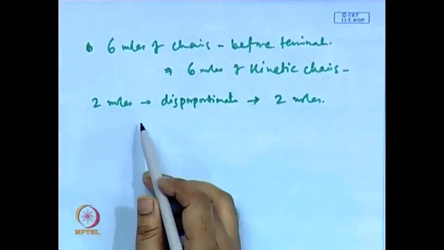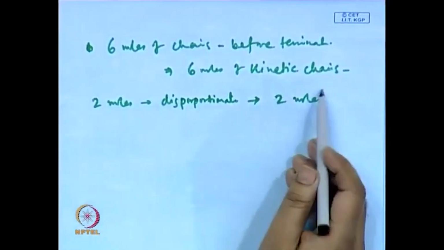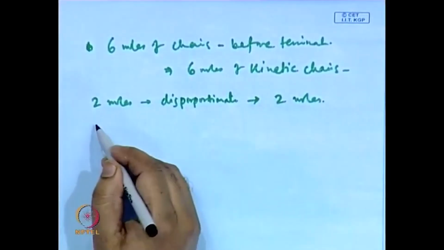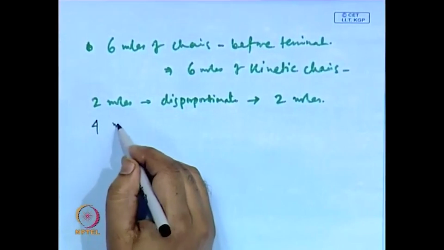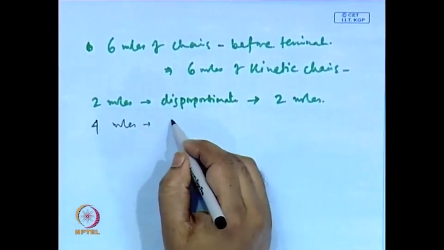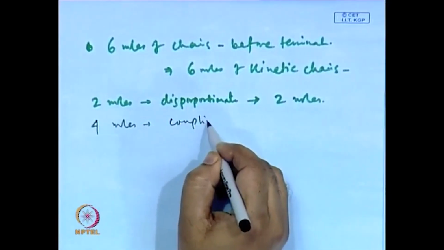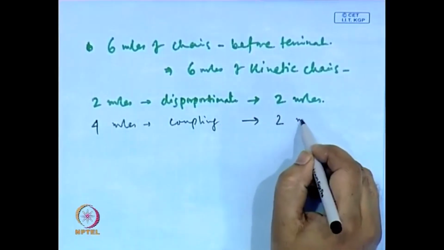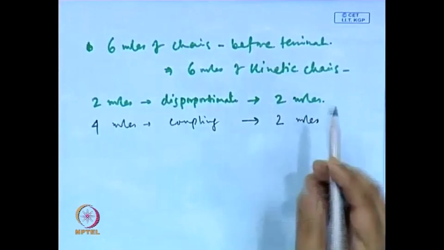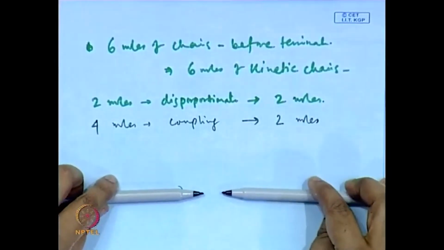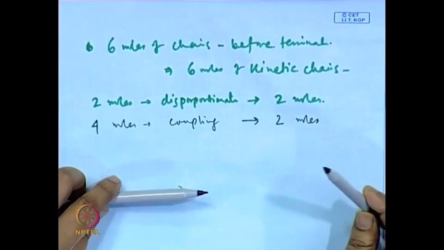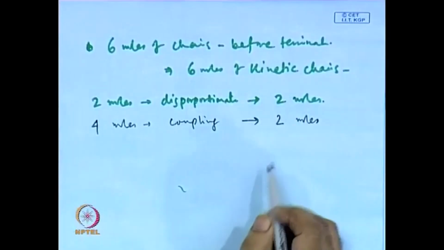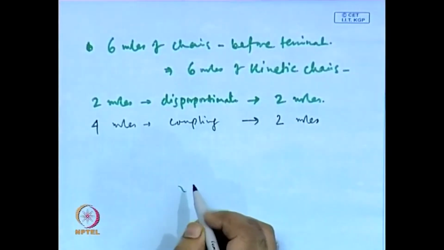So, 2 moles of kinetic chain will produce 2 moles. Now, the rest of the 4 moles, if I consider that they undergo coupling to get terminated, then they will form 2 moles of polymers, because each 2 moles of kinetic chain will come and interact and form 1 polymer. So, we will get 4 moles of polymers.